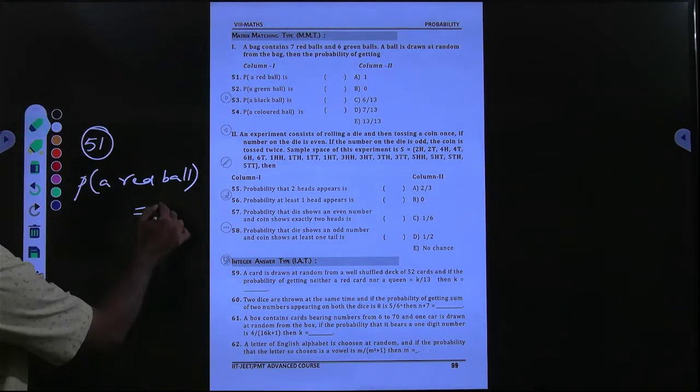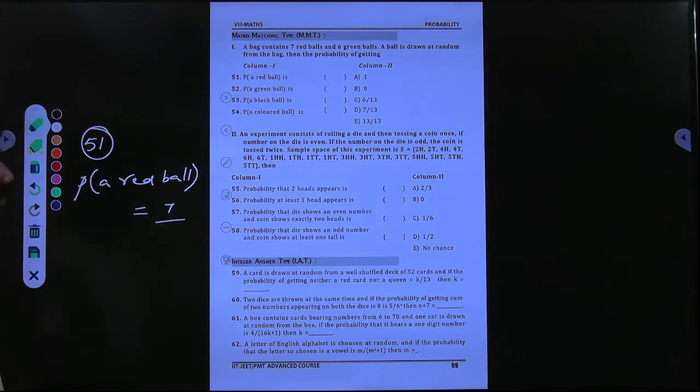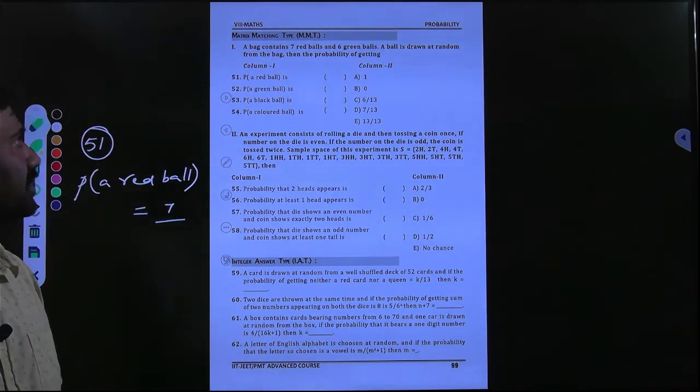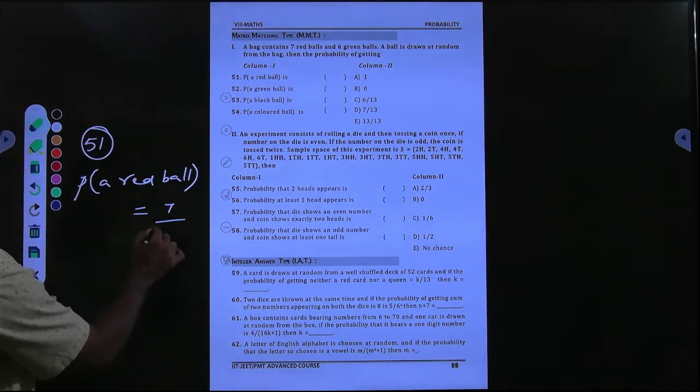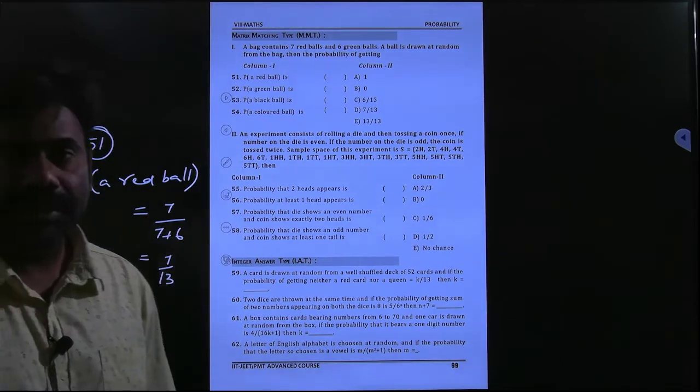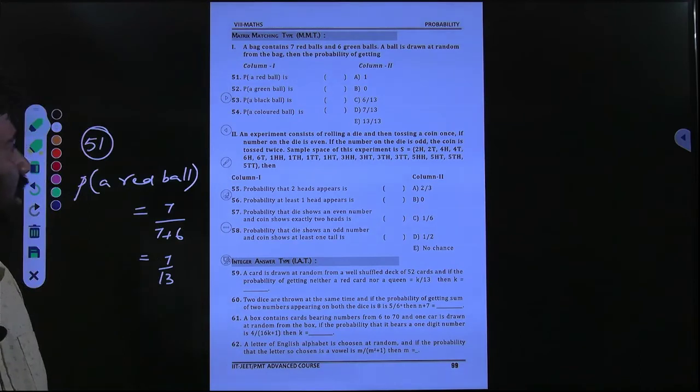Number of red balls by total number of balls. Total number of balls means number of red balls plus number of green balls. So 7 plus 6, 7 by 7 plus 6 means 13. Then probability of choosing a red ball is 7 by 13. Option D is the correct one.